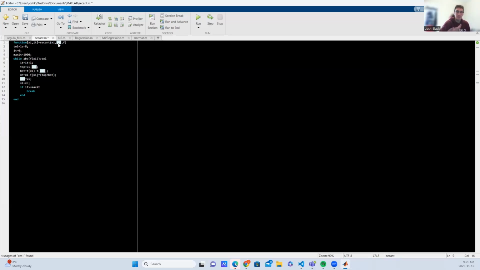Then what I do here is I put XR equal to some value. So XR is our intermediate variable that we're going to need in order to change our variable names. So I put XR equal to the secant method there, xi minus f of xi times the top over the bottom. From there, I make my xm minus 1 variable equal to the current xi.